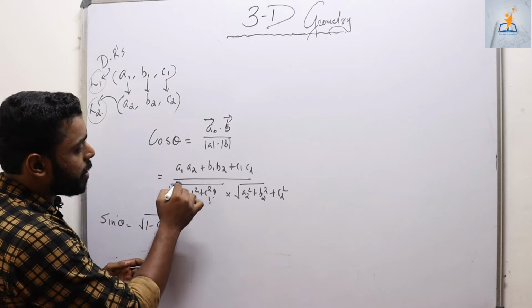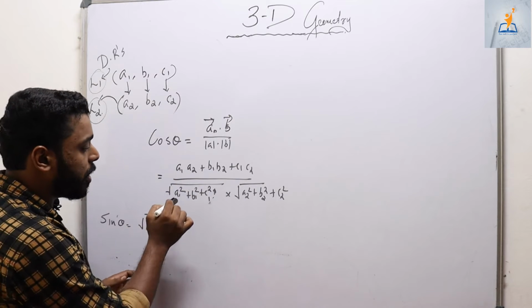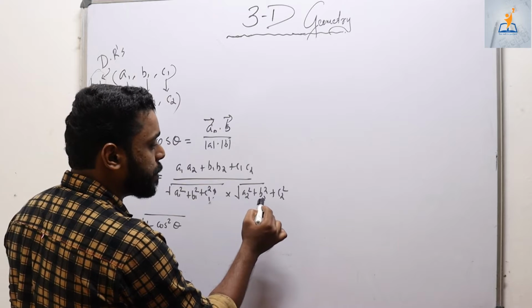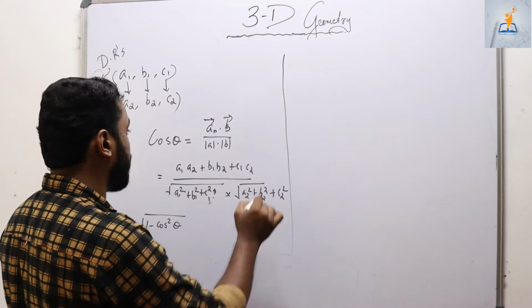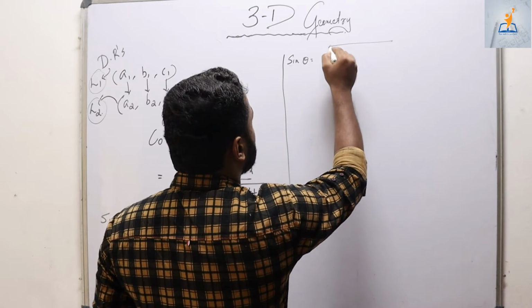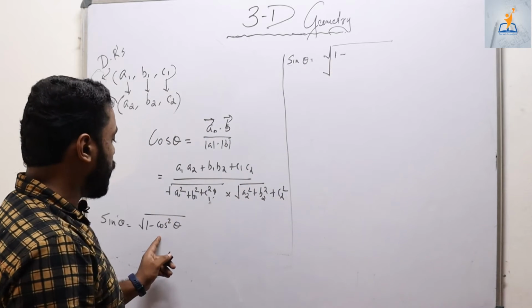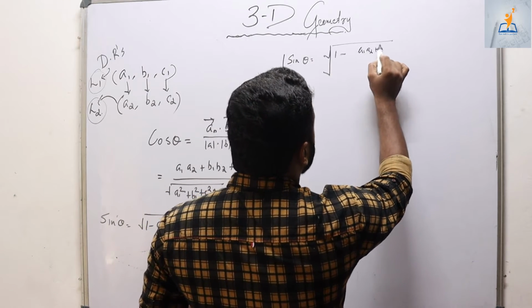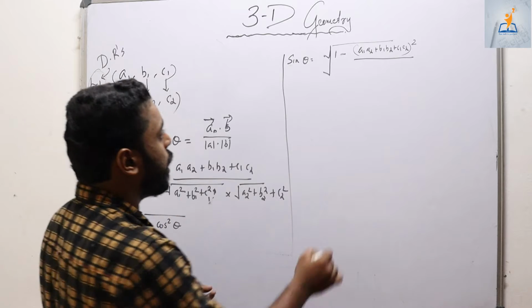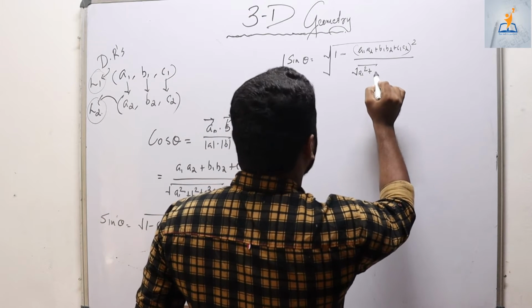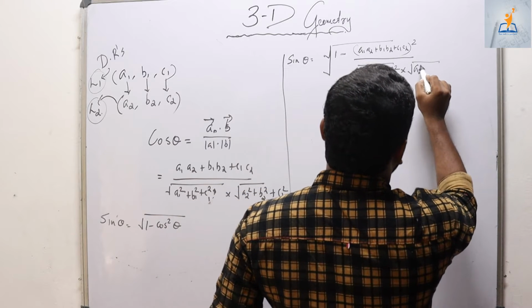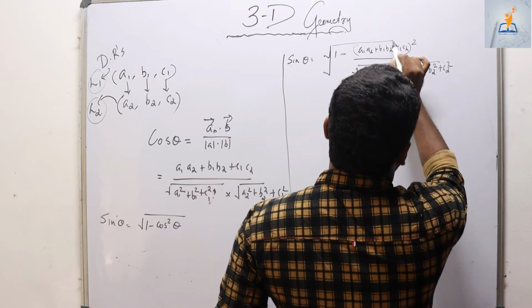We know that cos square theta is a1 a2 plus b1 b2 plus c1 c2 the whole square, divided by a1 square plus b1 square plus c1 square into a2 square plus b2 square plus c2 square, since the square roots are eliminated on squaring. So on simplifying, sin theta is equal to the square root of 1 minus that quantity. So this is the result.